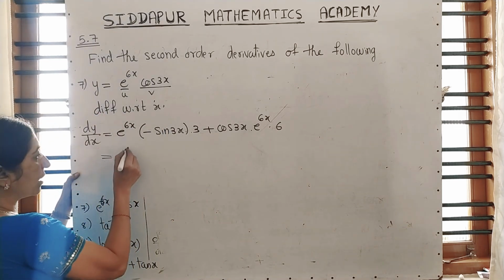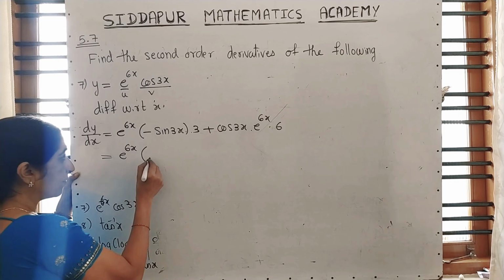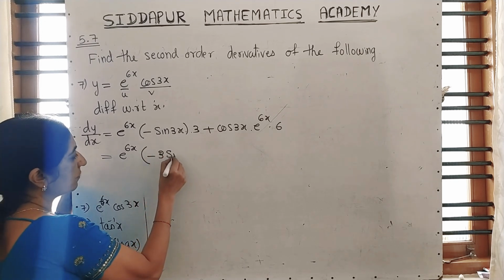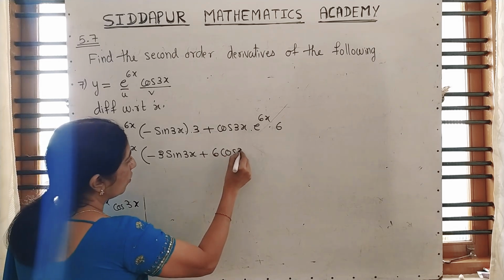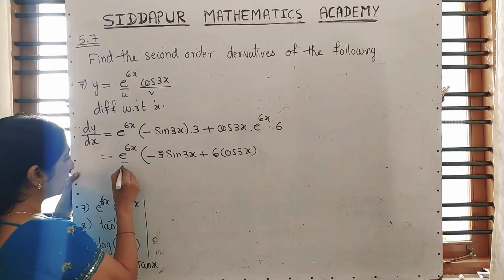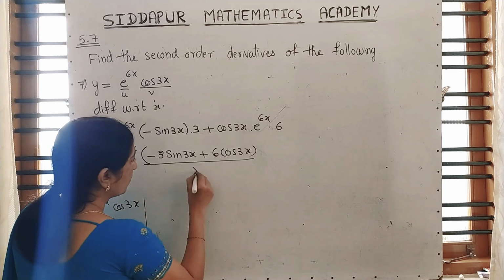Here I took e raised to 6x common in the bracket: minus 3 sin 3x plus 6 cos 3x. This is u, this is v.